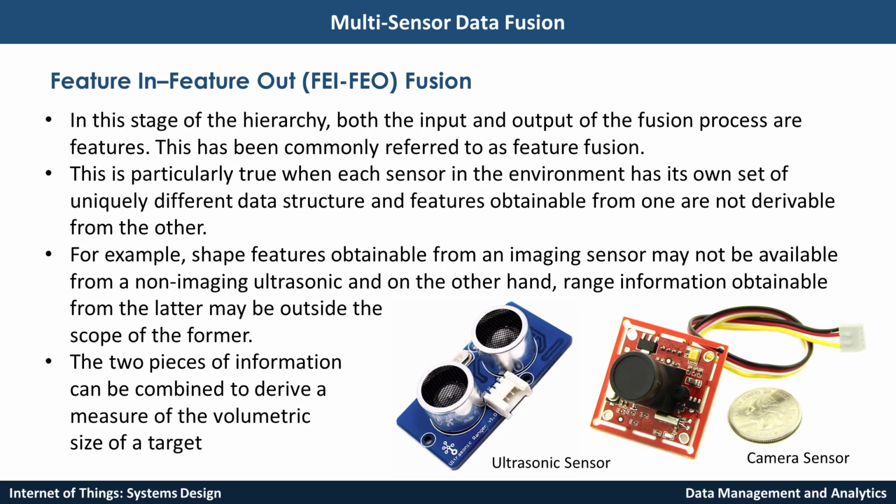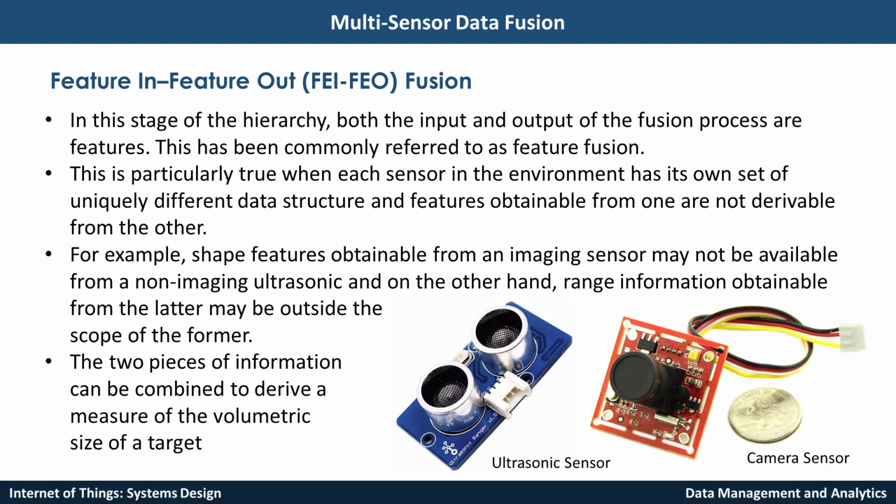This is the third type of data fusion, where we input features and take output features. The algorithm produces a new output feature based on the input features. The best way to explain is using an example. Let's say you have an ultrasonic sensor that can measure the depth or the distance, and a camera sensor which can measure the shape.